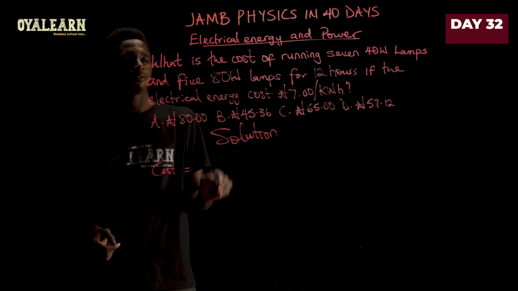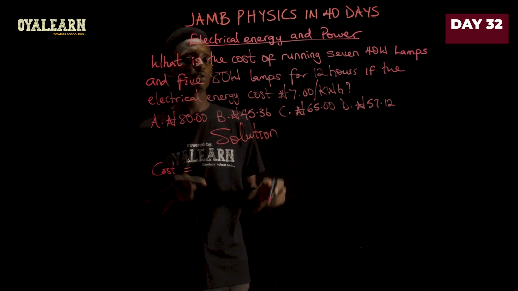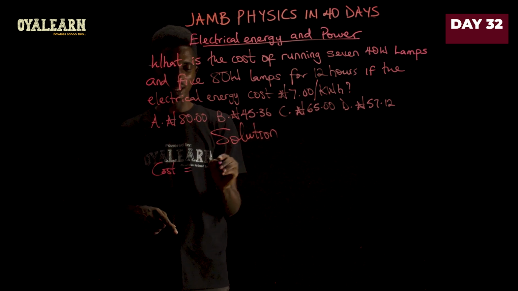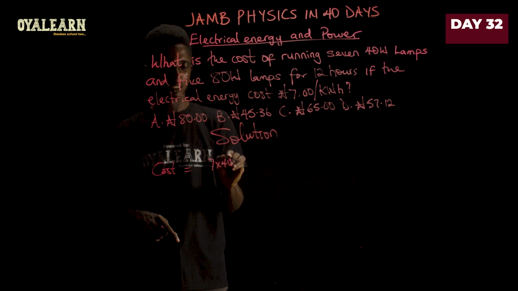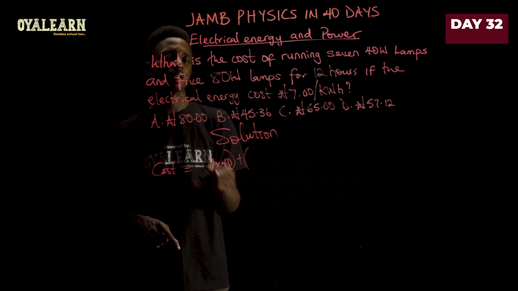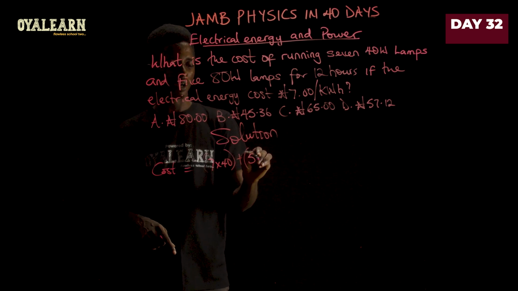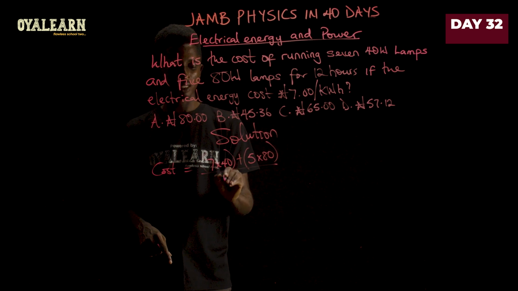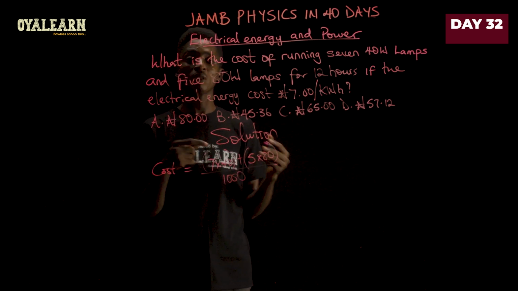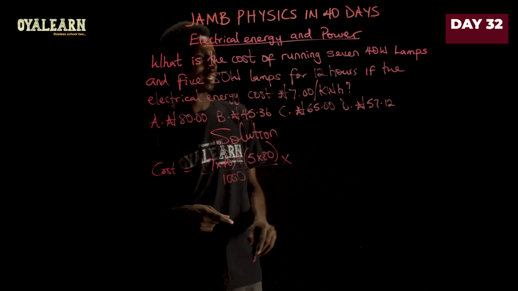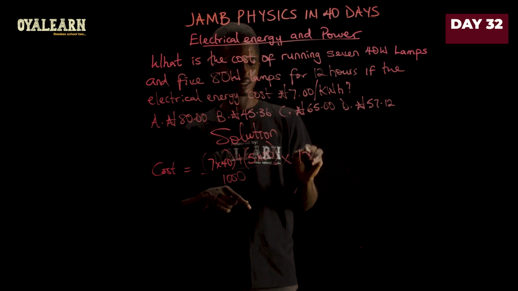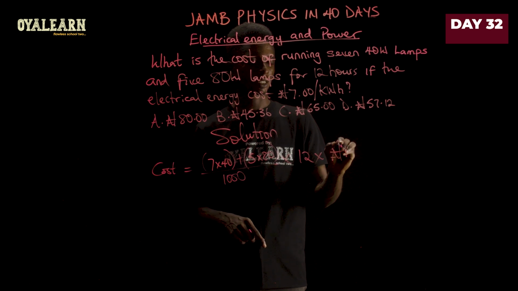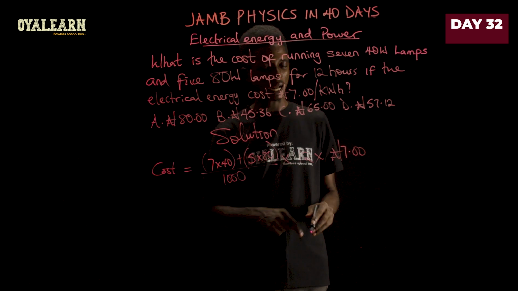The cost is therefore, first we have to find the total power. For the first case here, we have 40 watts, 7 of them. So 7 times 40 plus, now we have 5 80 watts, so 5 times 80. Now remember to divide all of these by 1000 so that you bring it to kilowatts. Now multiplied by the time, which is 12 hours, and then we multiply this by the cost, which is 7 naira.